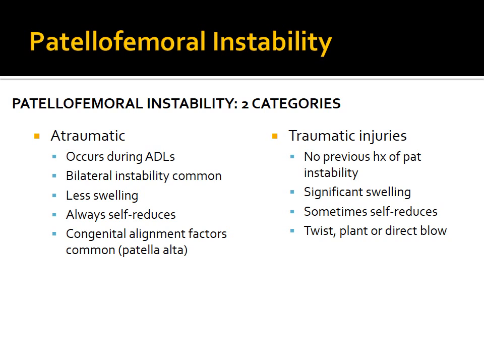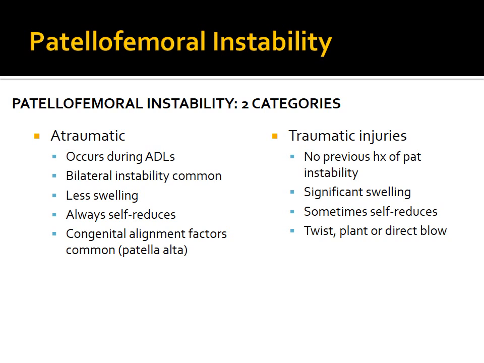On the other hand, if we talk about traumatic instability, this is more the case of a person being in the wrong place at the wrong time. They have normal alignment and their patella is aligned normally, but they sustain a specific injury mechanism that forces the patella laterally to the point that exceeds the strength of those soft tissue restraints.